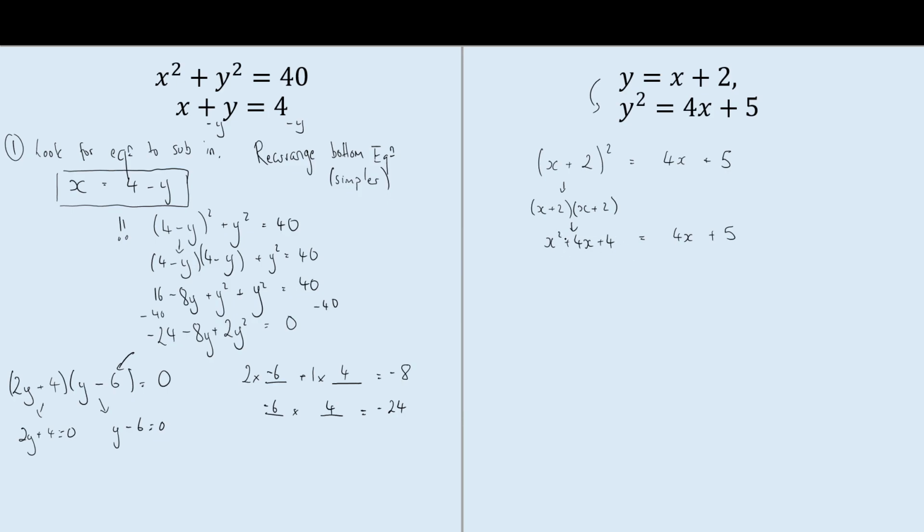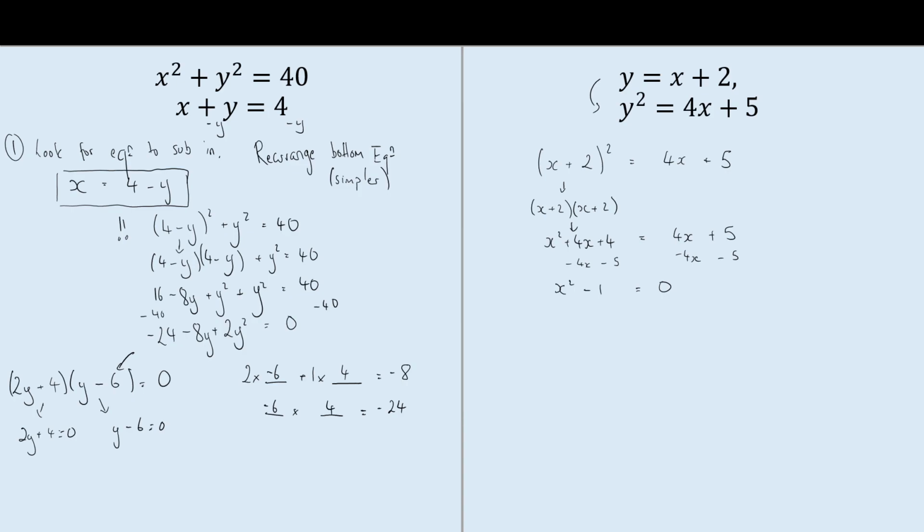So we're going to have to take away 4x and take away 5 from both sides. 4x take away 4x is 0. 4 take away 5 is -1. So you've got x squared take away 1 is equal to 0.